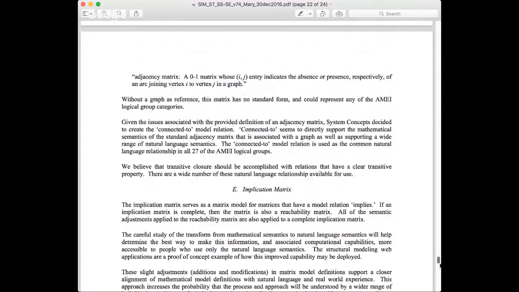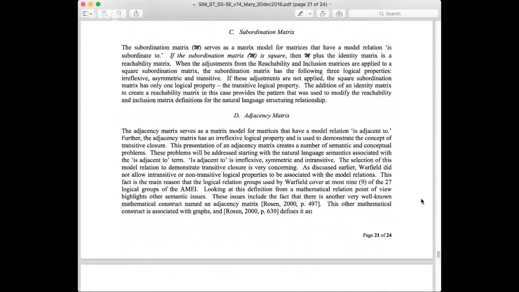If you have an adjacency matrix that has, say, greater than, it's measuring greater than or equal to, greater than as a relationship versus is antecedent to as a relationship. We don't have a greater than matrix. We don't have an antecedent matrix.